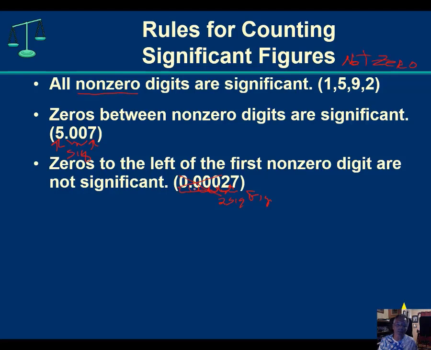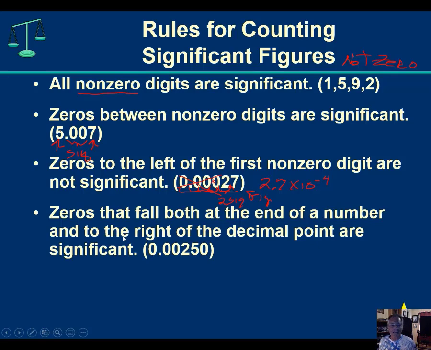So I move the decimal place 1, 2, 3, 4 places. That would be 2.7 times 10, and this is a number less than 1, so that's a -4. So this measurement would be better expressed in scientific notation. However, this is totally legitimate. You just have to remember those zeros are not significant. Zeros that fall both at the end of a number and to the right of the decimal place are significant.